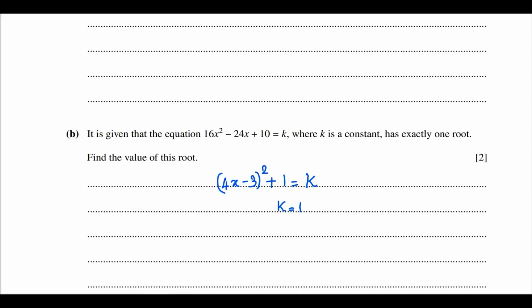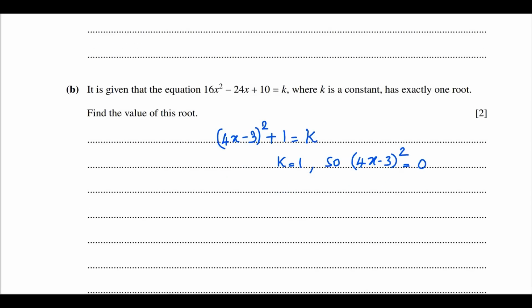Then only you will get (4x minus 3) the whole squared equal to 0. Okay. So now we have to find that root also. So (4x minus 3) the whole squared equal to 0 can be written as 4x minus 3 equal to 0, or x equal to 3 over 4.